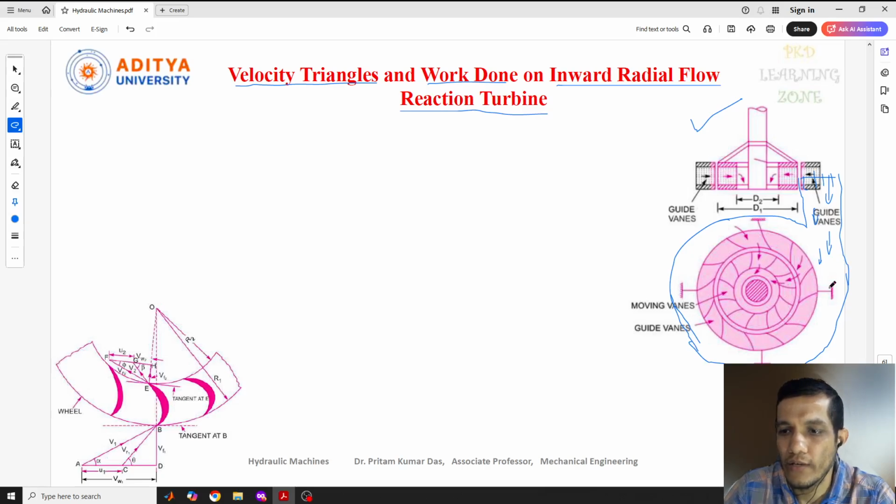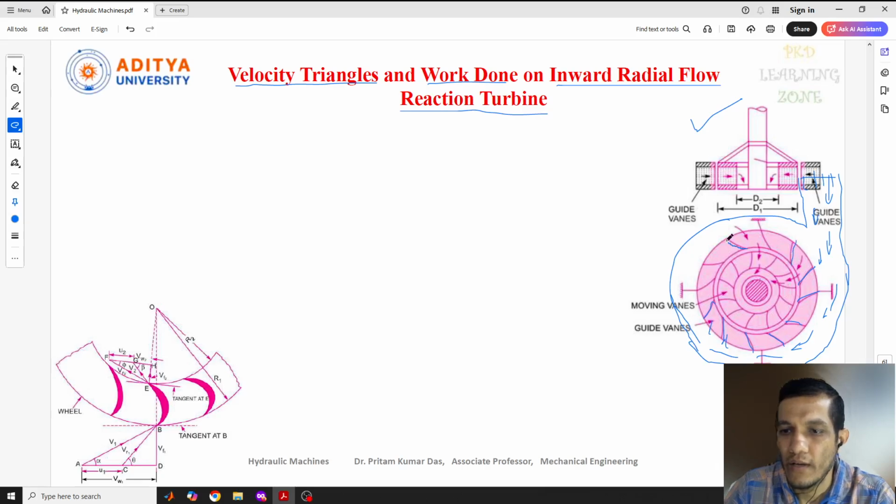Slowly the water moves throughout this casing, and it moves to the runner through the guide vanes. These are the guide vanes you can see at the outer periphery of the turbine.